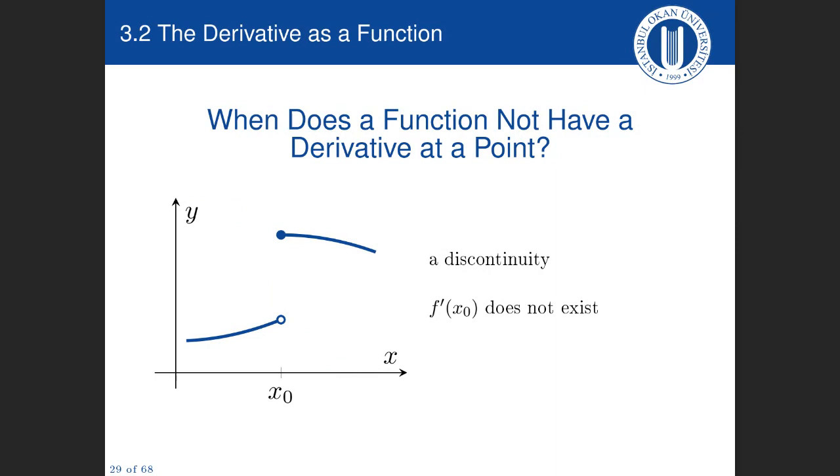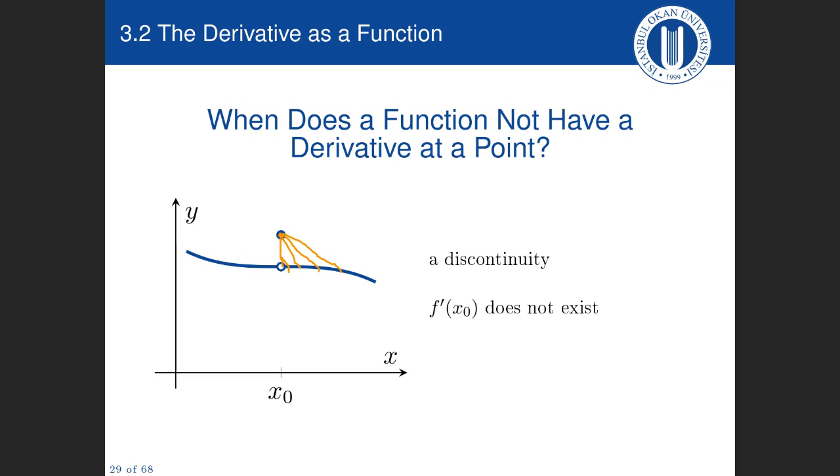If we had a discontinuity like this, then f prime at x0 does not exist. If I had a different type of discontinuity, then again, f prime at x0 does not exist. Why? Well, think about what we were doing about orange lines. We were talking about an orange line like this, which connected 2 points on the curve. And then we were taking the limit as the right-hand end got closer and closer to x0.